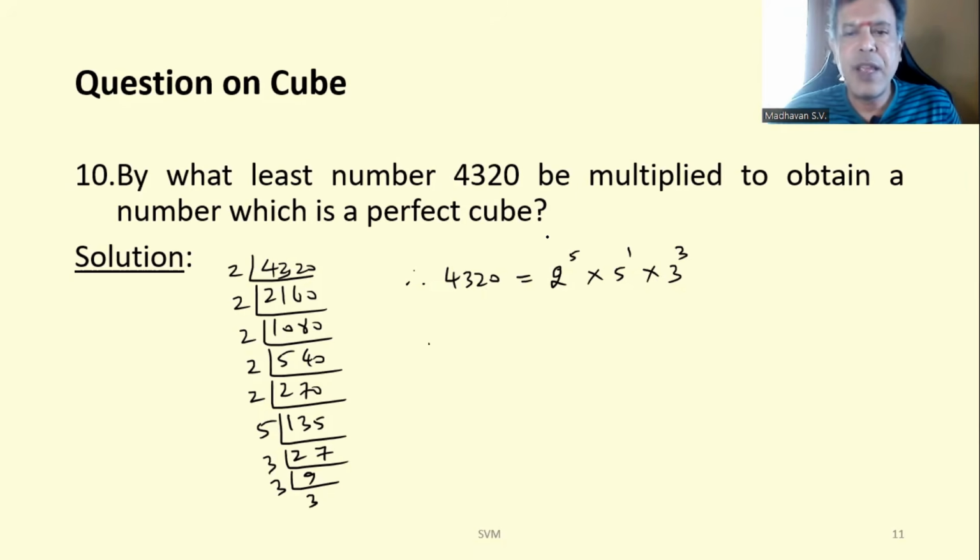This 2 power 5, if I want that to become a perfect cube, then I have to multiply it by 2. Similarly, this 5, I have to make it a cube, means I need to bring in 5 square. But here it is already a cube.